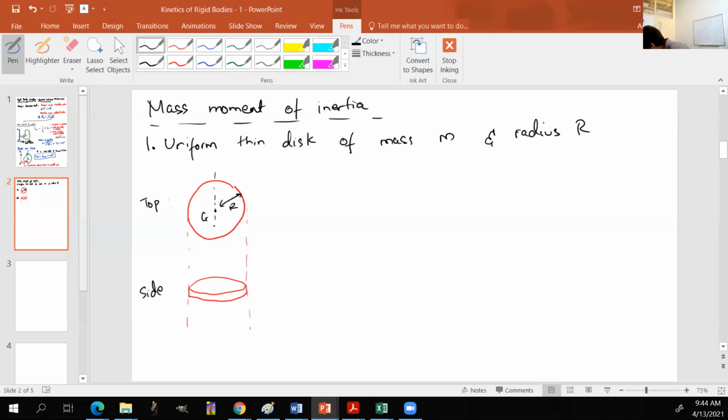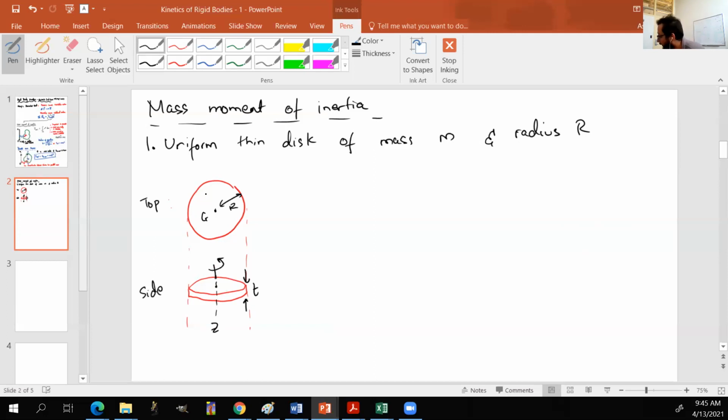And we're trying to find the rotation about a z-axis that is perpendicular to the plane of the disk, right? So we're rotating it like that. And we're also told that the thickness is equal to t, right?